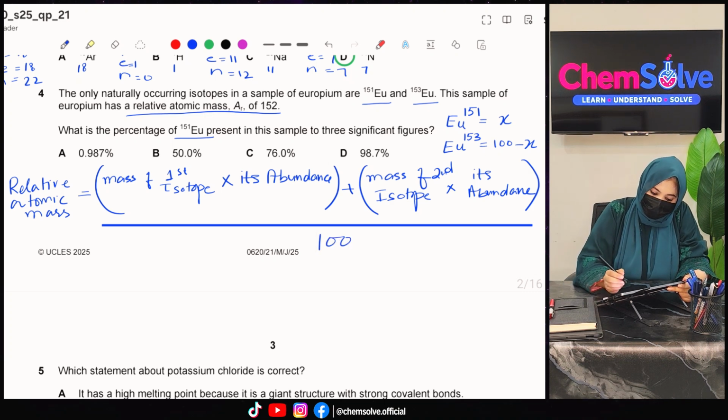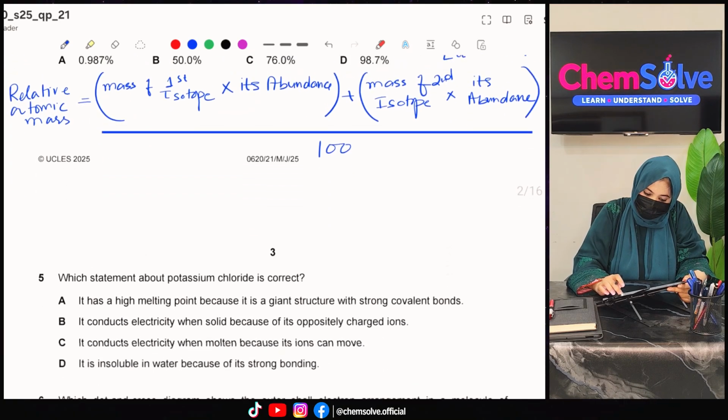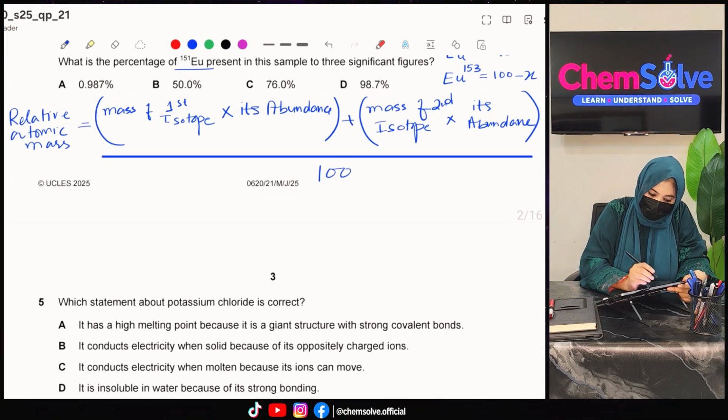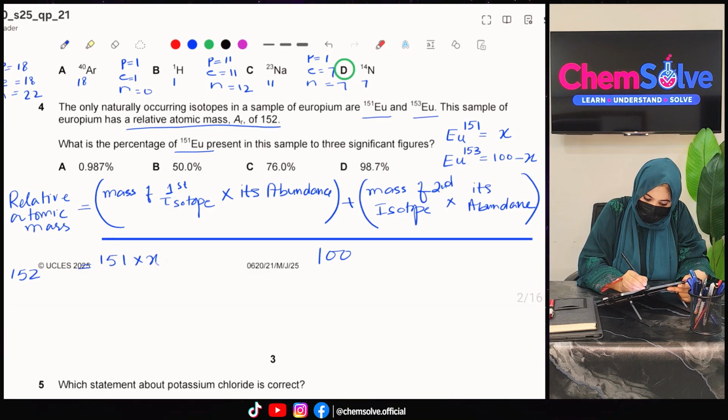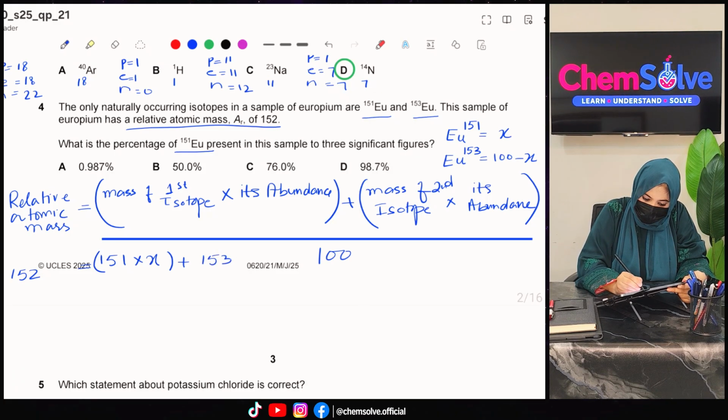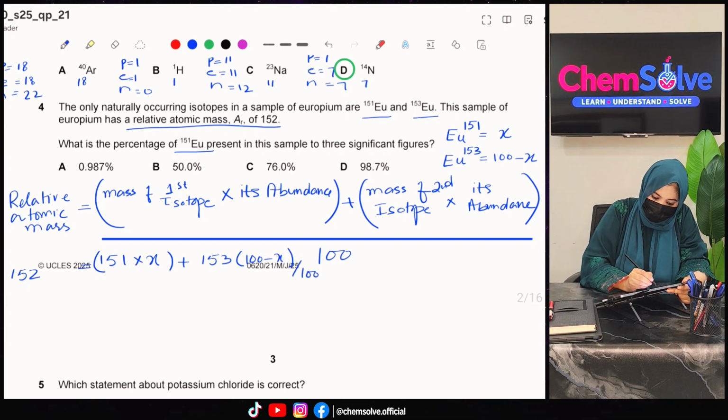Now let's solve it. The relative atomic mass is 152, equal to 151 times x, which we have supposed, plus 153 times the other abundance, 100 minus x, divided by 100.